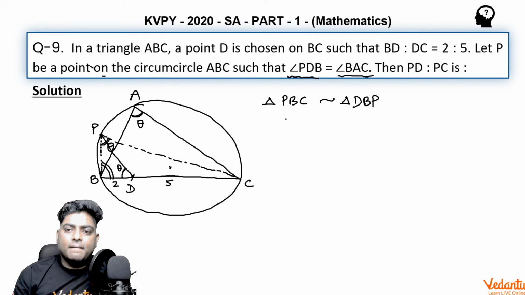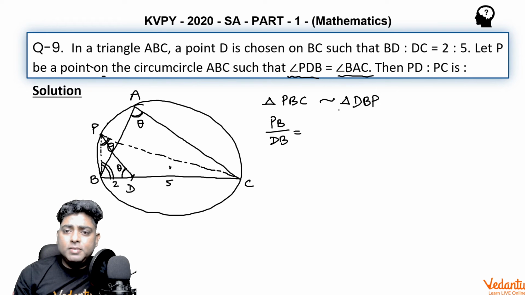So from here we can equate the ratio of sides as PB upon DB. I have written these vertices in order: angle P, angle D, angle B, angle C, angle P, right?